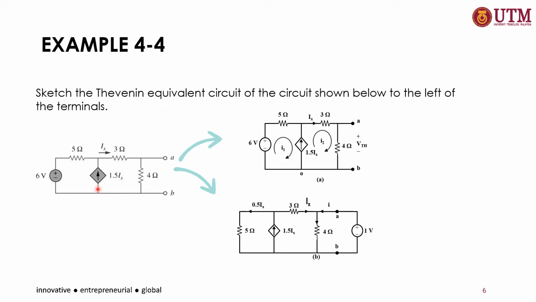In order to find the RTH, you can use method one, where you find the RTH by using VTH divided by I short circuit, or V open circuit divided by I short circuit, or the second method, RTH by using the V test divided by I naught.